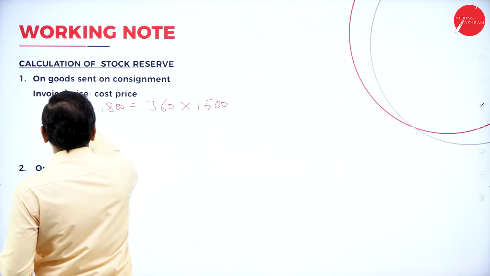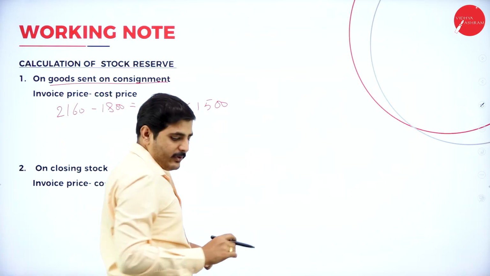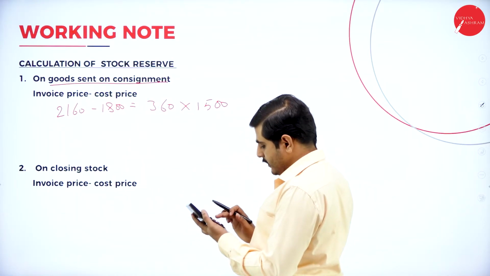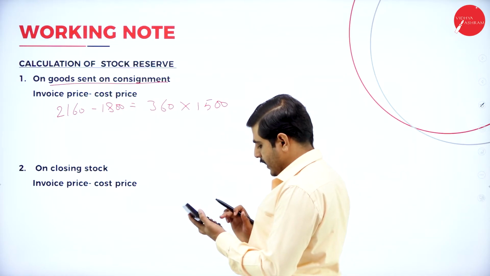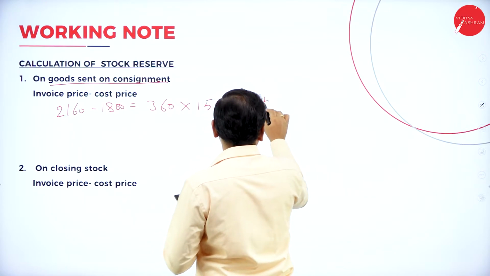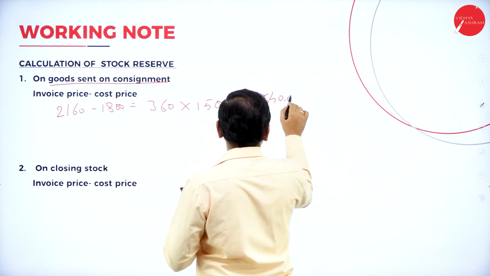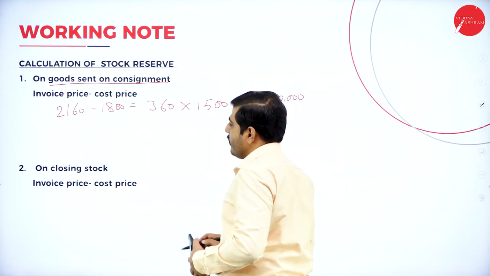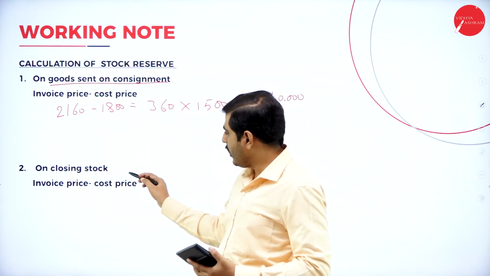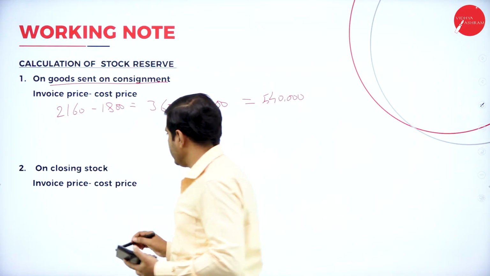So it is 360 into 1,500 cycles. So the profit included here is 5,40,000.